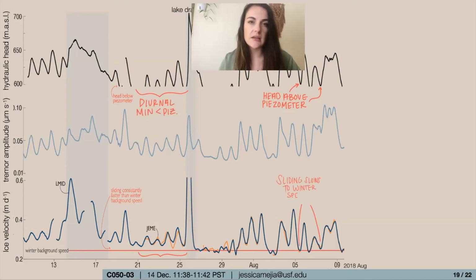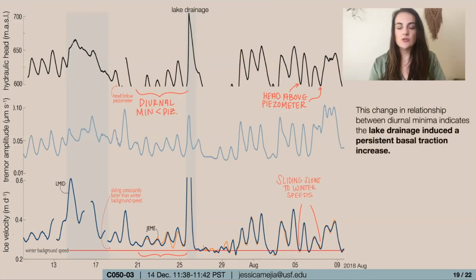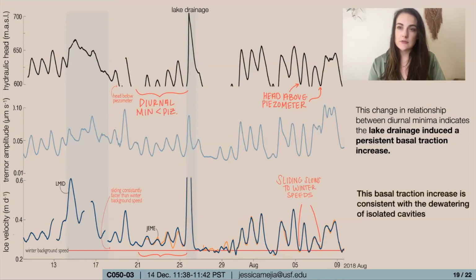However, now sliding speeds are falling to these winter background speeds. This change in the relationship between diurnal minima indicates that lake drainage induced a persistent basal traction increase. And this basal traction increase is consistent with the dewatering of isolated cavities, since it is not being caused by a reduction in pressures within the efficient drainage system.